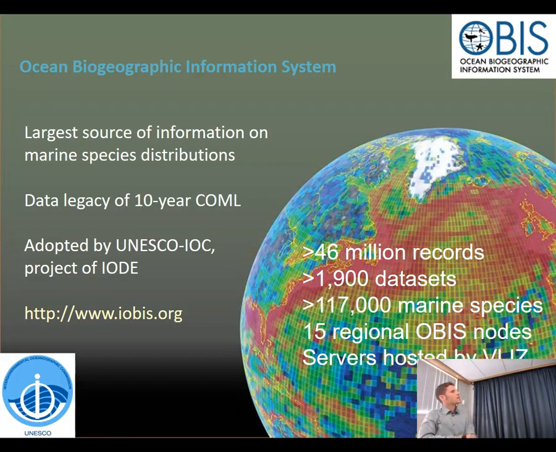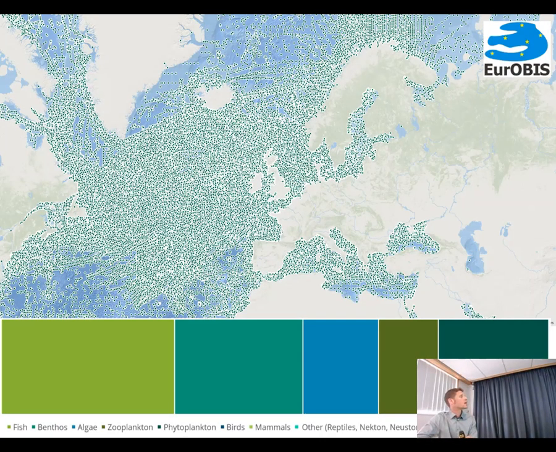Another data system I would like to mention here is OBIS, which is managed by IODE, by Ward Appeltans, and this is a database which goes very much hand in hand with WoRMS, but is more focused on biogeographic information, so where a species is occurring at a specific location at a specific time. Within VLIZ, we are responsible for the European component of the database, EuroBIS, and it's integrating data from more than 1,000 different data collections, providing over 25 million distribution records from different functional groups.